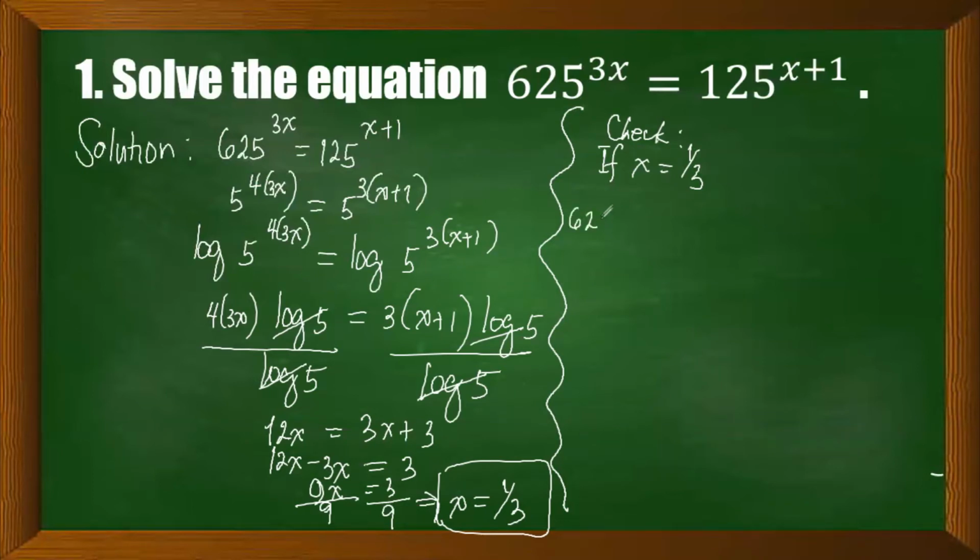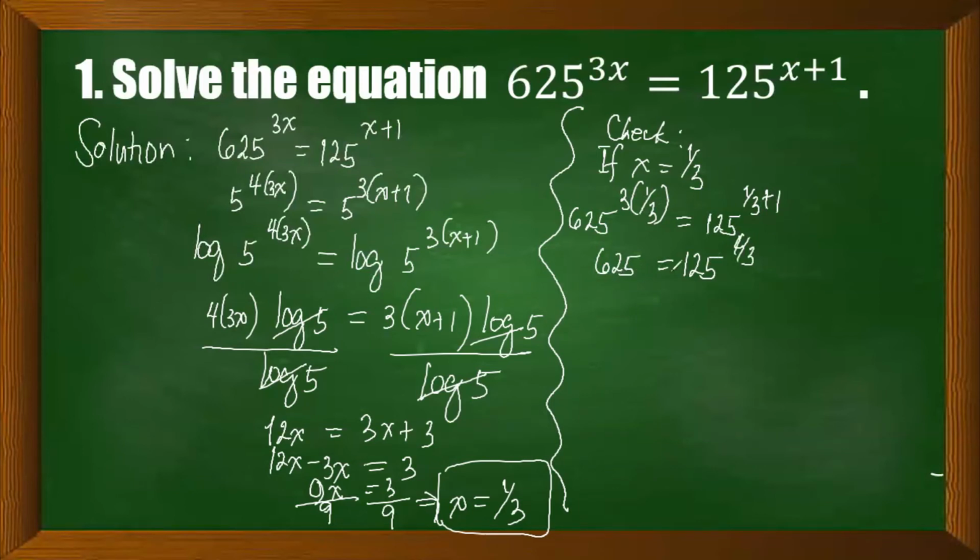So this is 625 raised to 3 times 1/3 is equal to 125 raised to 1/3 plus 1. This is 625 raised to 1, and for the right side, 1/3 plus 1 is 1 plus 3 over 3, which is 4 over 3.